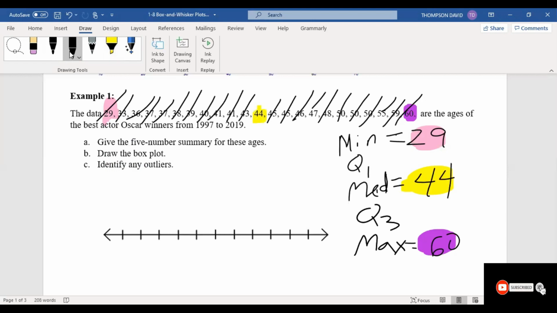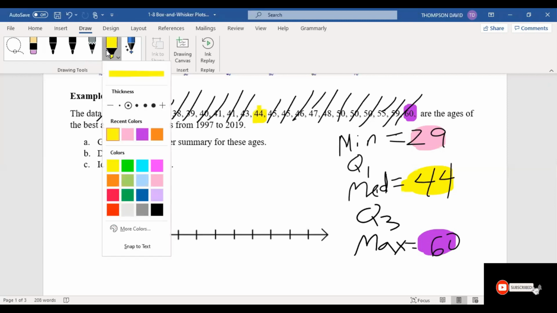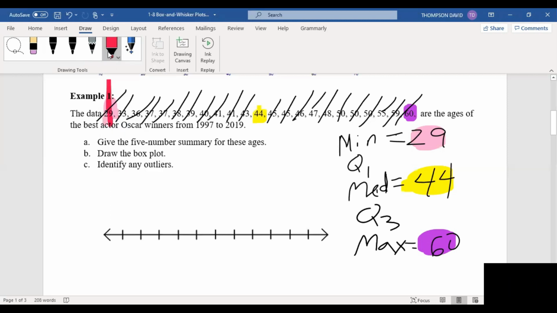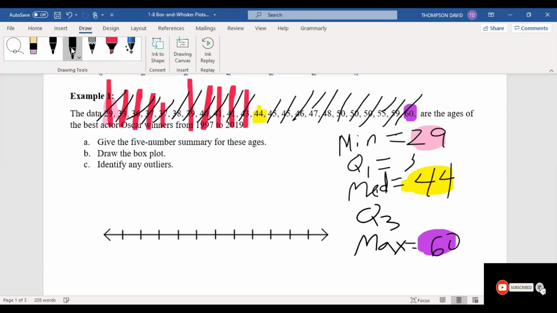Now, to get quartile 1, what we need to do is cross off in the lower half. So we'll do that in red so it stands out. We're not going to use the median, and we get a quartile 1 of 38.